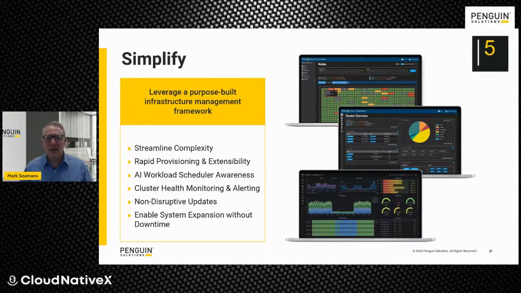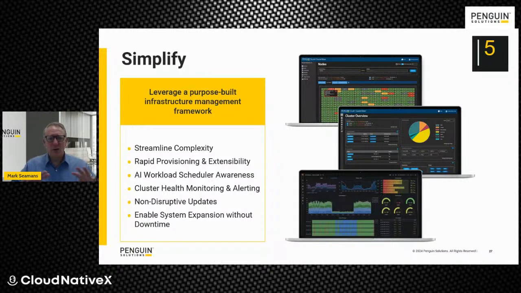This isn't the only thing out there to do this, but I do want to highlight this purpose-built platform that Penguin has called Clusterware. It's a one-stop shop for bare metal deployment, for ongoing health monitoring, for implementing system changes non-disruptively, and for providing performance monitoring as well.